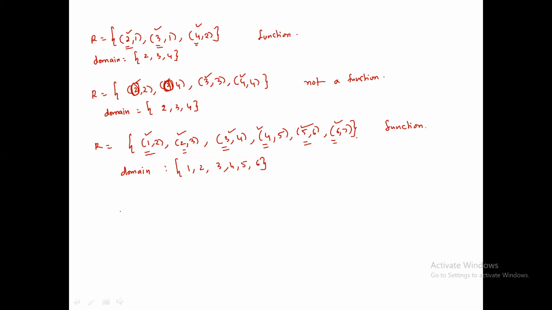Now suppose a function has real number as the domain. Domain is real number. Codomain can be anything. I'm not talking about the codomain. If domain is a real number, then I can say it's a function.